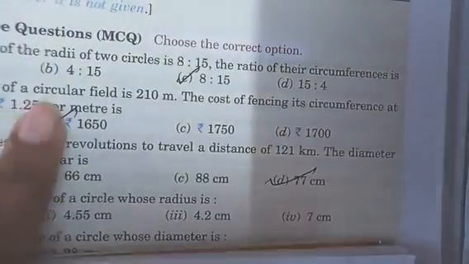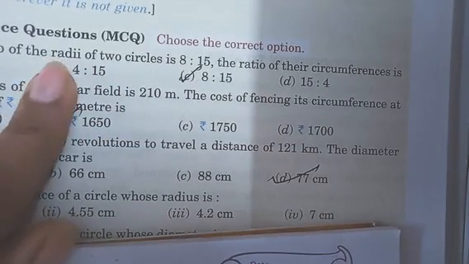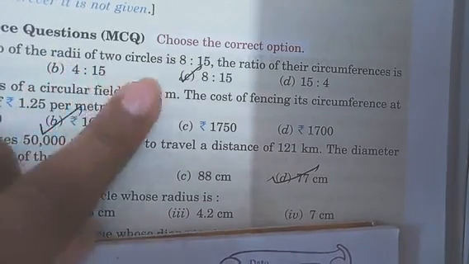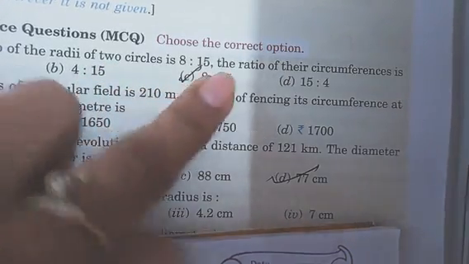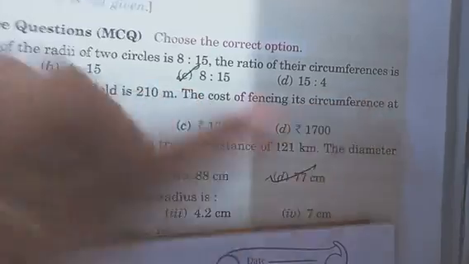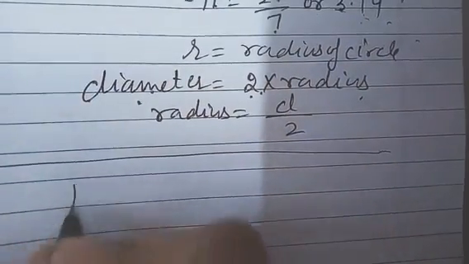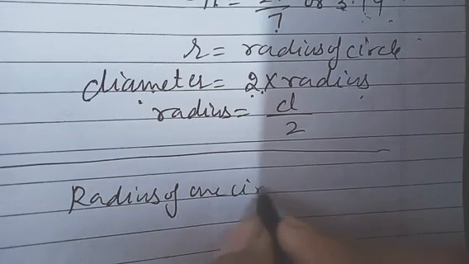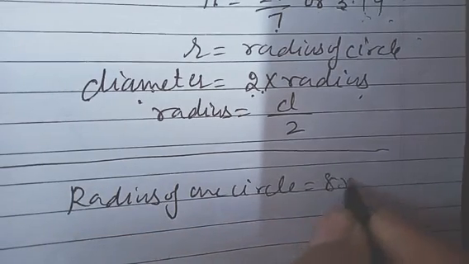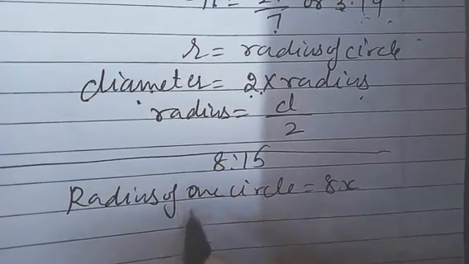Now we will solve the first MCQ. If the ratio of radii, which is the plural of radius, of two circles is 8:15, then what is the ratio of circumferences? You can consider the radius of one circle as 8x, because 8:15 is given.